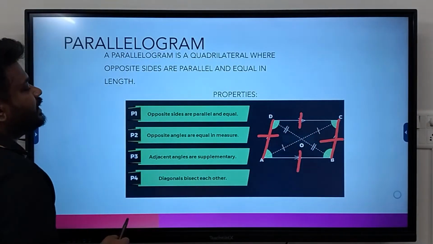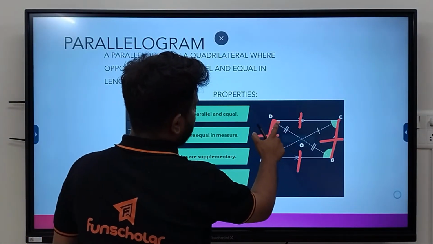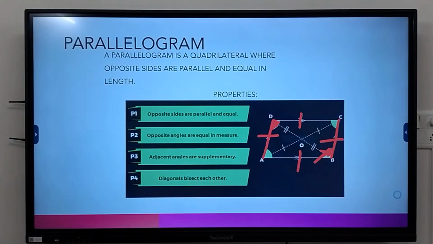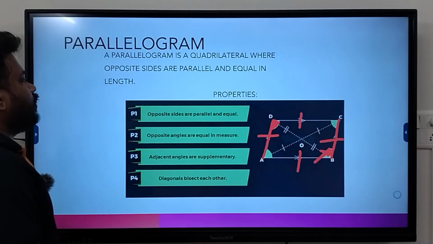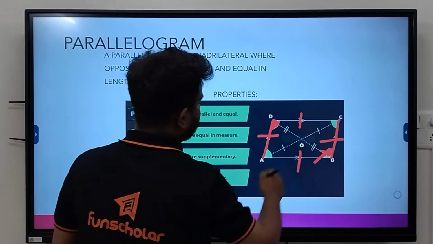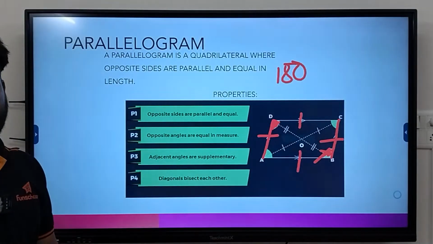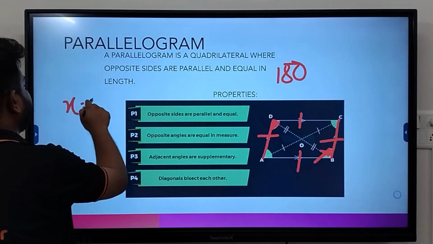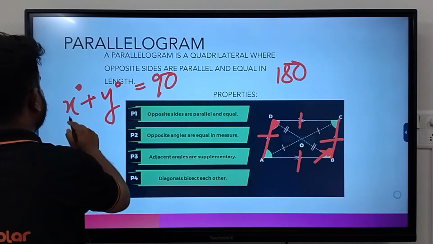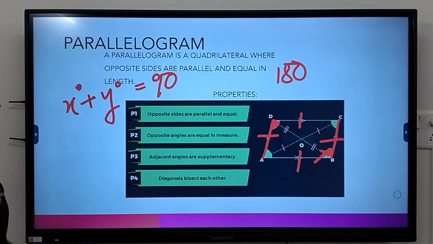Opposite angles are equal in measure. This angle will be equal to this one, and adjacent angles are supplementary. Talking about adjacent angles, the sum of these two angles will be 180 degrees. You have already learned about supplementary and complementary angles: if two angles x and y make 90 degrees, then y is called the complement of x and x is the complement of y.